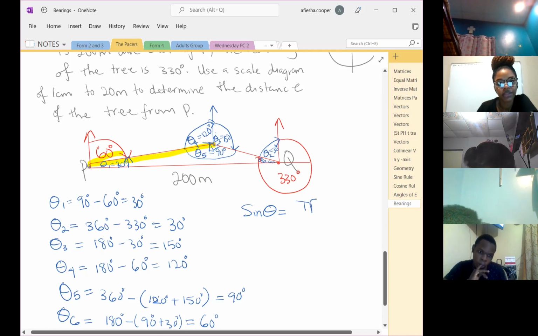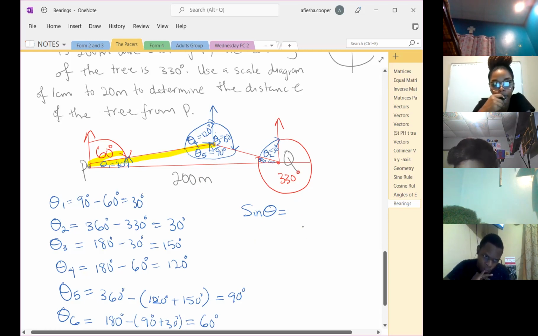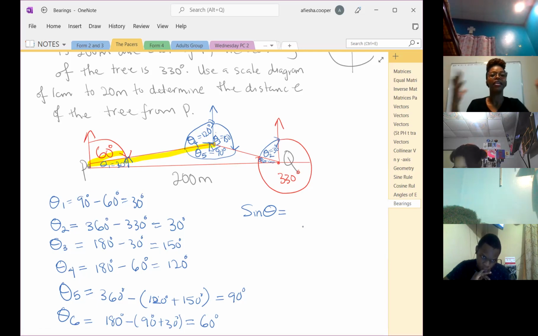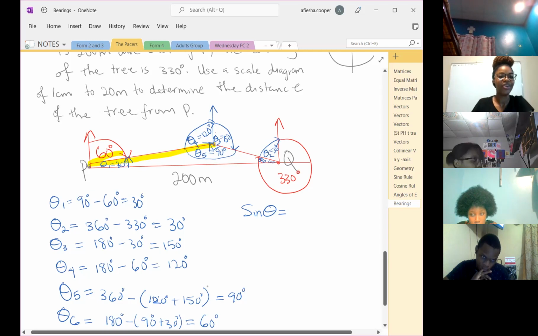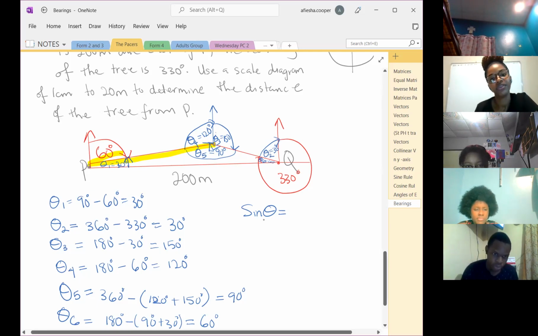So the opposite will be TP over 200, which is the hypotenuse. Why am I still finding TQ? I have no idea why I'm trying to find TQ. So, okay, great. It will be adjacent over hypotenuse because TP is the adjacent.